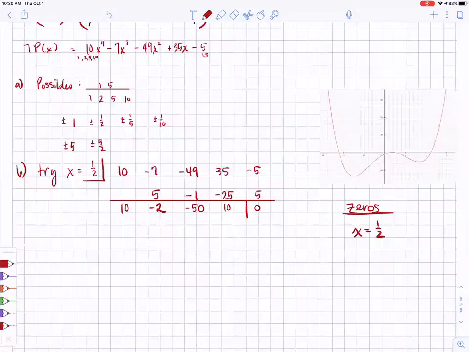Do you remember where we plugged this in? Don't go back to the beginning. Go to your depressed polynomial for this. I'm going to change my colors here. This time, we're going to try x equals 1/5, and this is for my depressed polynomial.